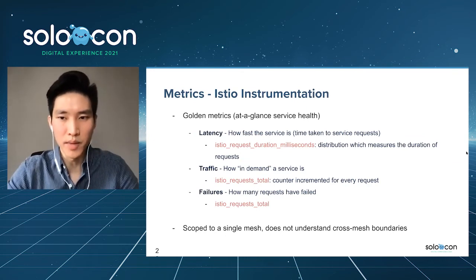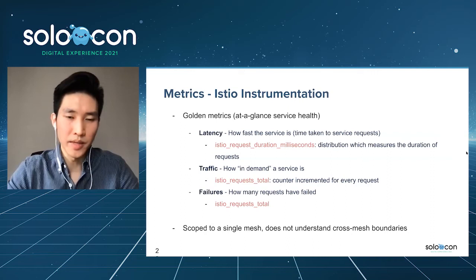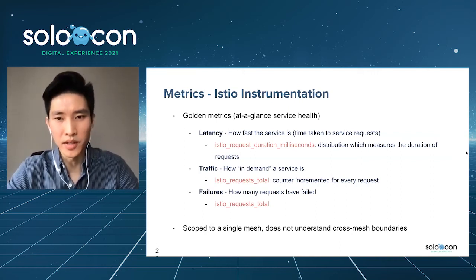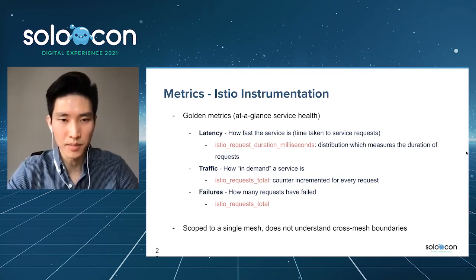And this is usually measured as the number of requests per second. Failure metrics are similar. They provide a measure of the number of requests that have failed. And when combined with traffic metrics, we can generate a success rate or failure rate. In other words, the percentage of requests that succeeded or failed.